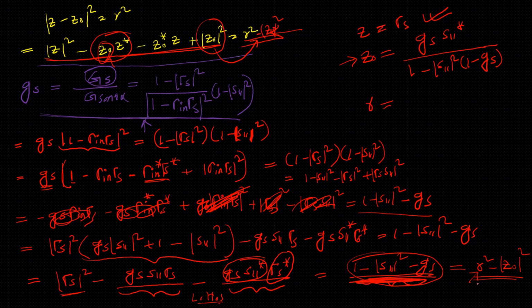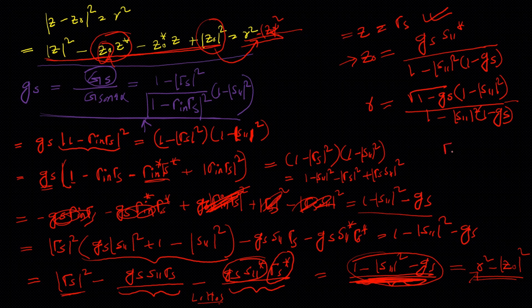And if you do it, then your r will be root over 1 minus gs times the mod square of 1 minus s11, by 1 minus gs, and hence this is your center.